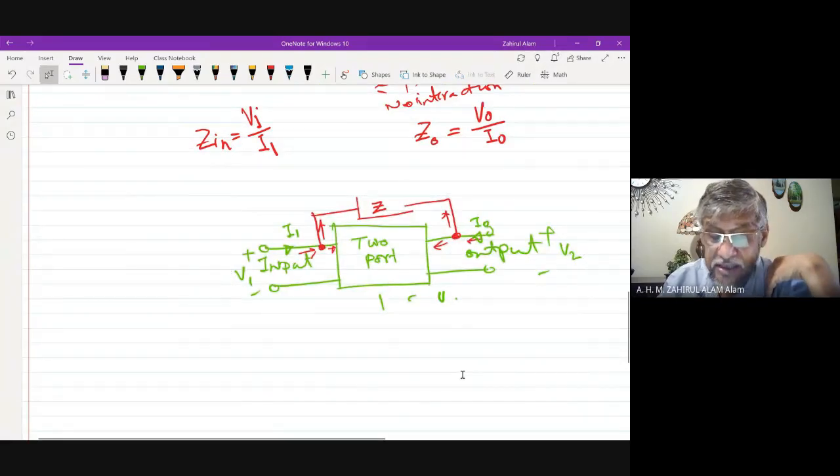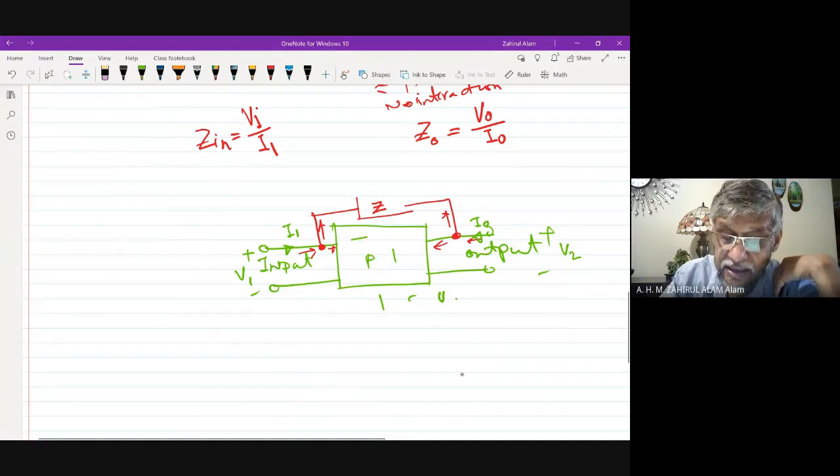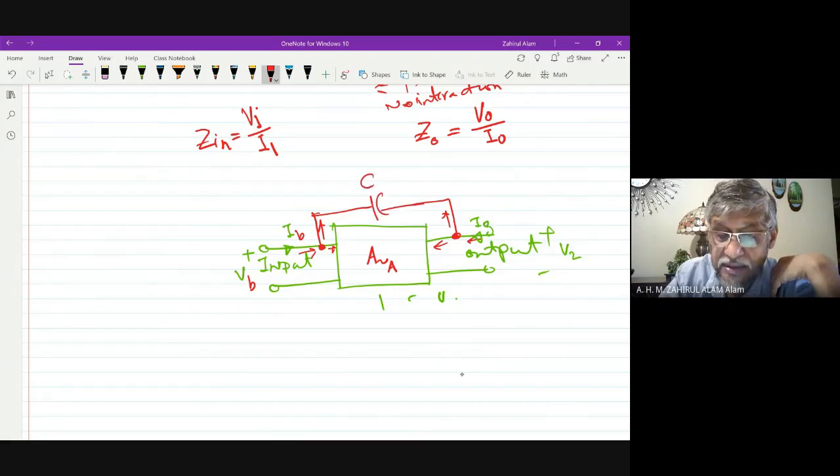This is our circuit, and this is the base voltage, and this is the base current, and this one is the capacitance C mu, and the output is connected to RL.